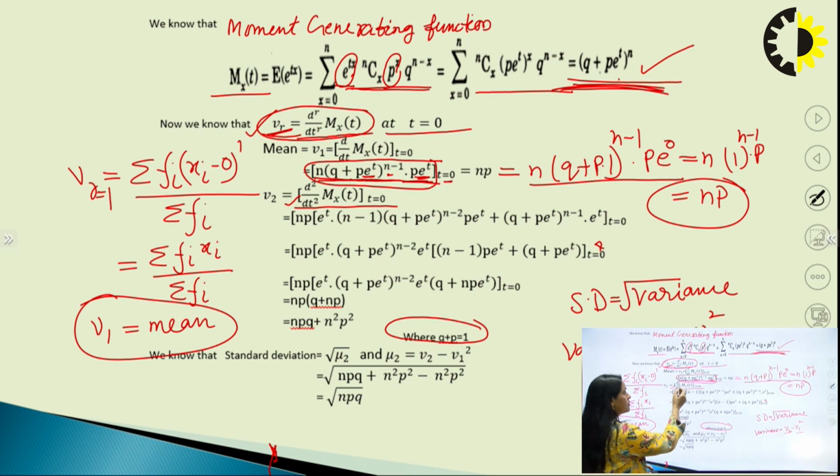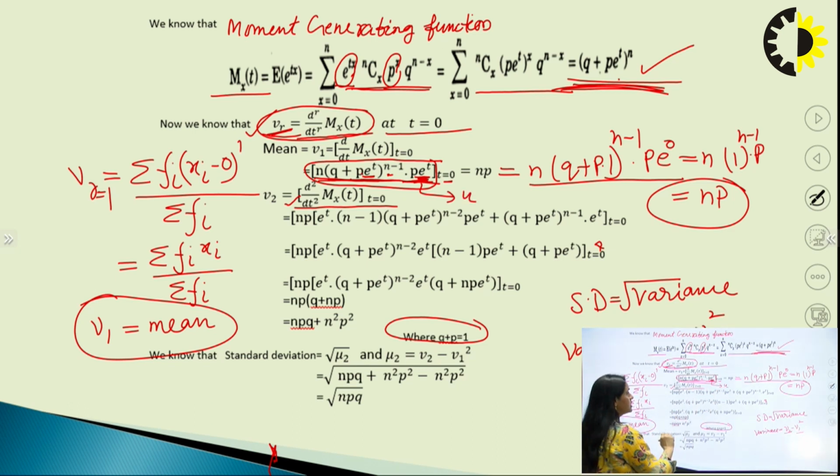Now see very carefully. How many terms of t are here? There are two terms. One is (q plus p e to the power t) and another is e to the power t. On differentiating it once again, we have to use product rule u into v. So we have to assume one term as u and another term as v. So here we have assumed e to the power t as u and this as v.